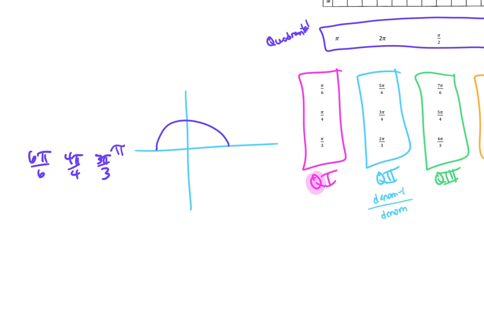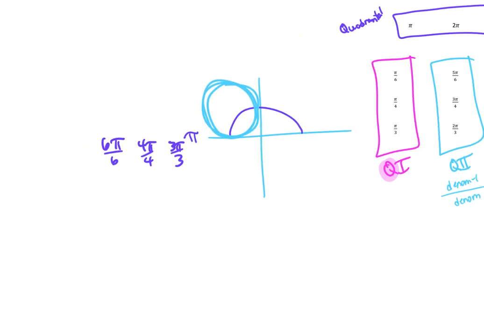So if we are coming up with an angle measure that's in quadrant 2, we're just short of 6 pi over 6, 4 pi over 4, and 3 pi over 3. So it should make sense that the numerator has to be a little bit smaller than what the numerator would be here, because we're rotating around to that spot. Right? It's got to be smaller than 6 pi over 6, 4 pi over 4, 3 pi over 3. That's for quadrant 2.